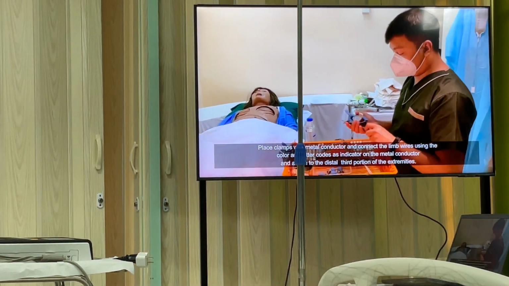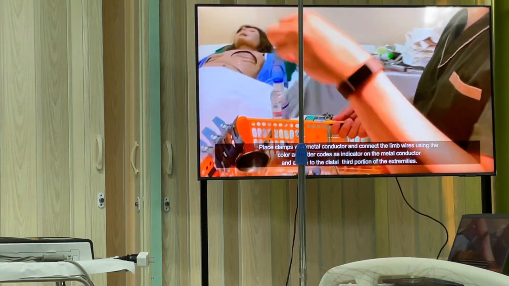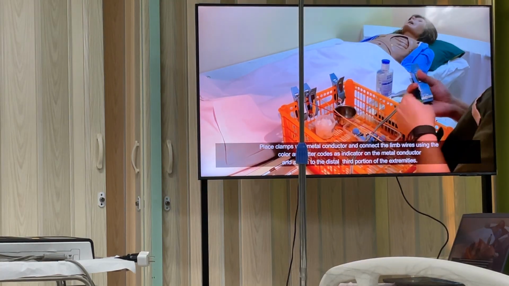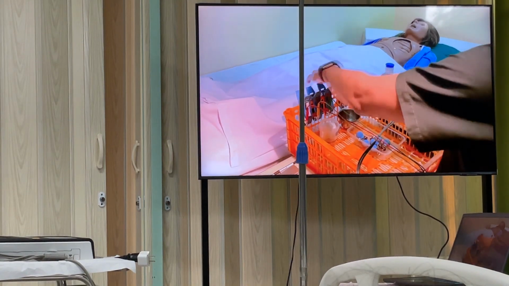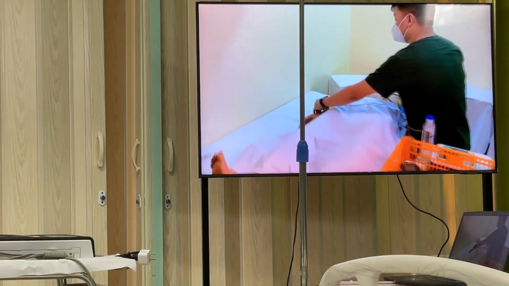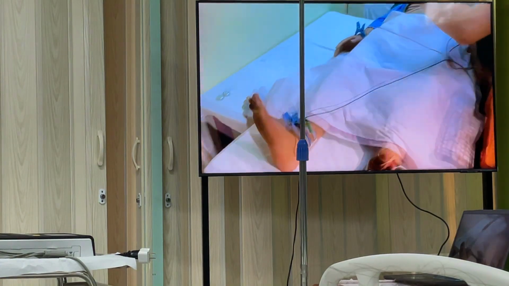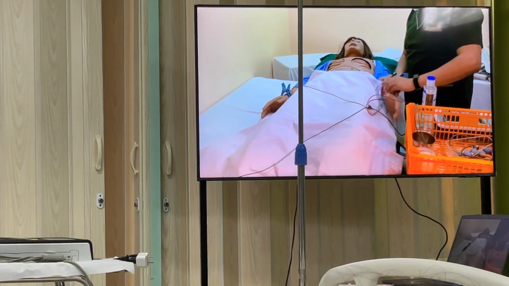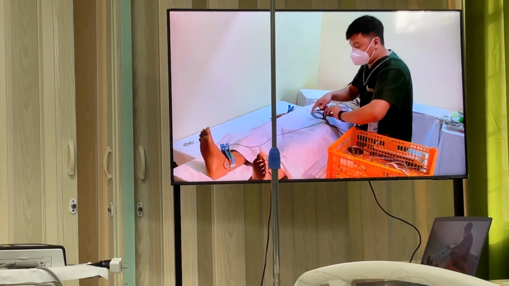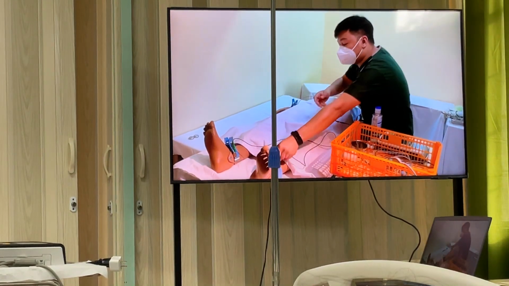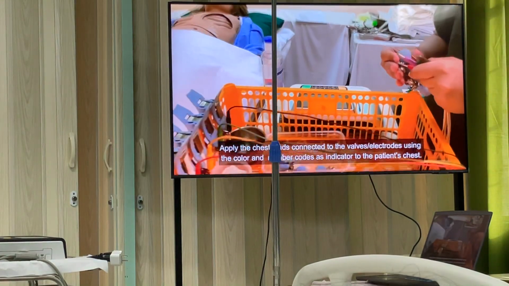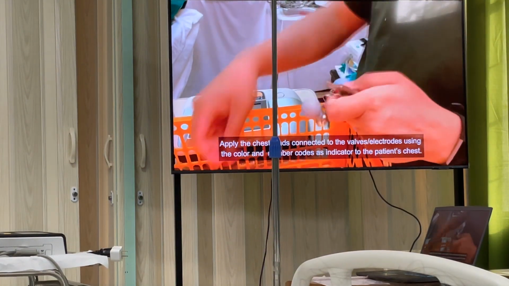Place clamps with metal conductor and connect the limb wires using color and letter codes as indicated on the metal conductor, and attach to the distal third portion of the extremities. Apply the chest leads connected to the valves or electrodes using the color and number codes as indicated, on the patient's chest.